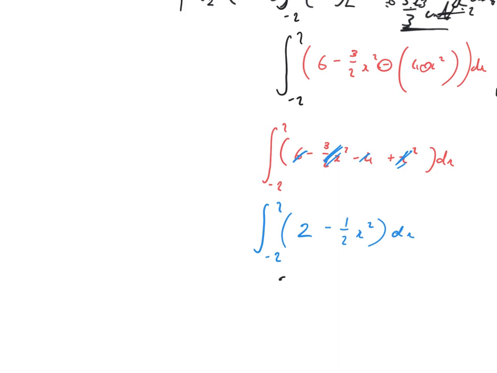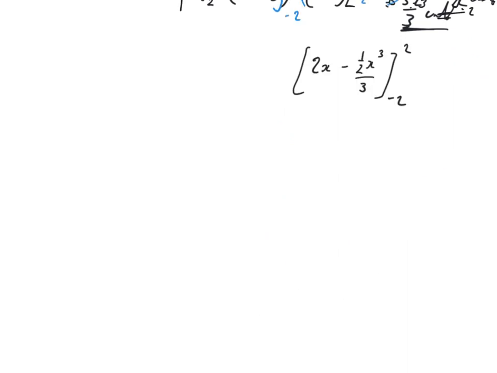Okay, so let's integrate now. 2 becomes 2x minus a half x cubed over 3 between 2 and minus 2. Okay, so that's 2x minus, we'll think about half.